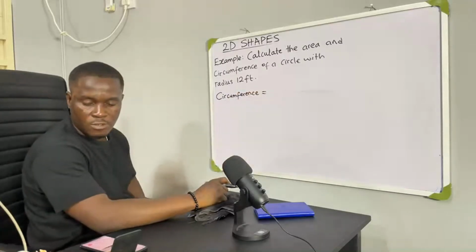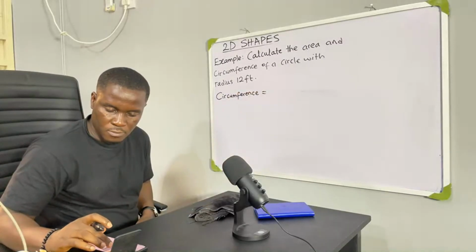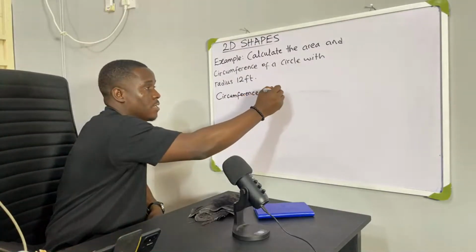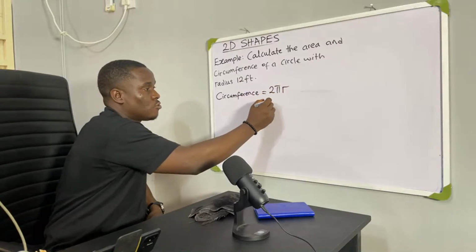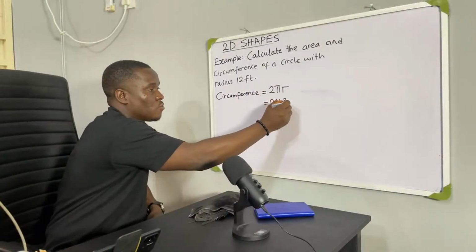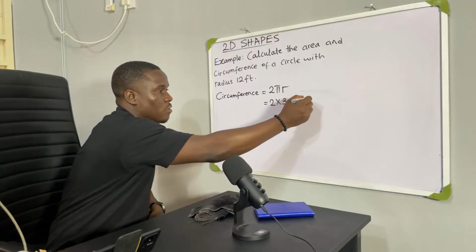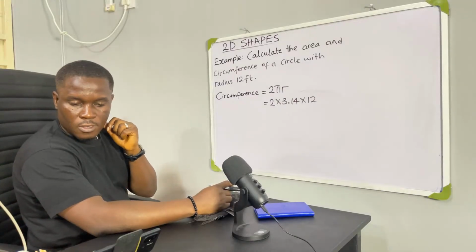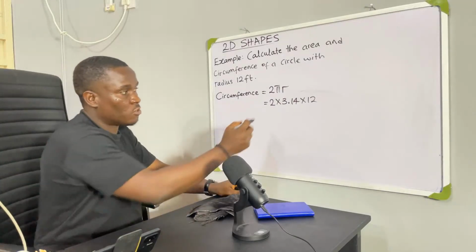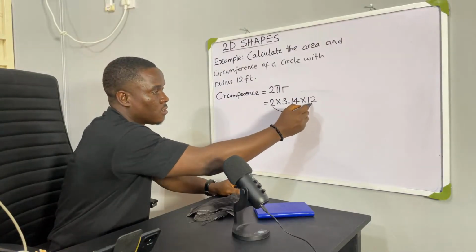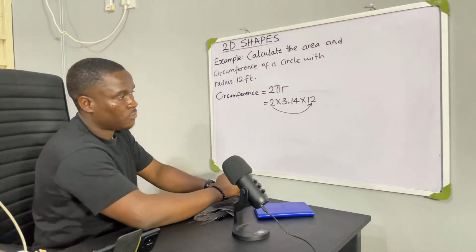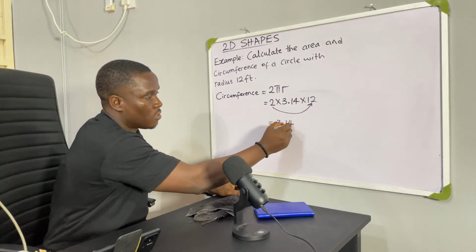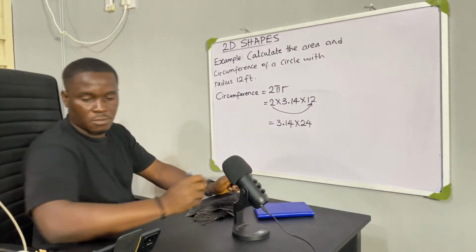What's the formula for the circumference of a circle? 2 pi r. That gives us 2 times 3.14 times 12. The way I will advise to do it is multiply the whole numbers first. So 2 times 12 will give us 24. So 3.14 times 24. It makes your work easier.